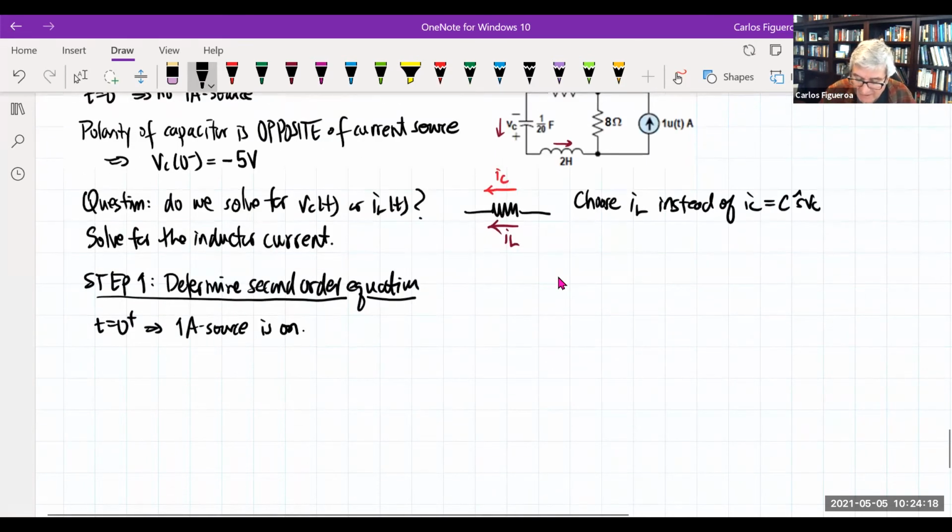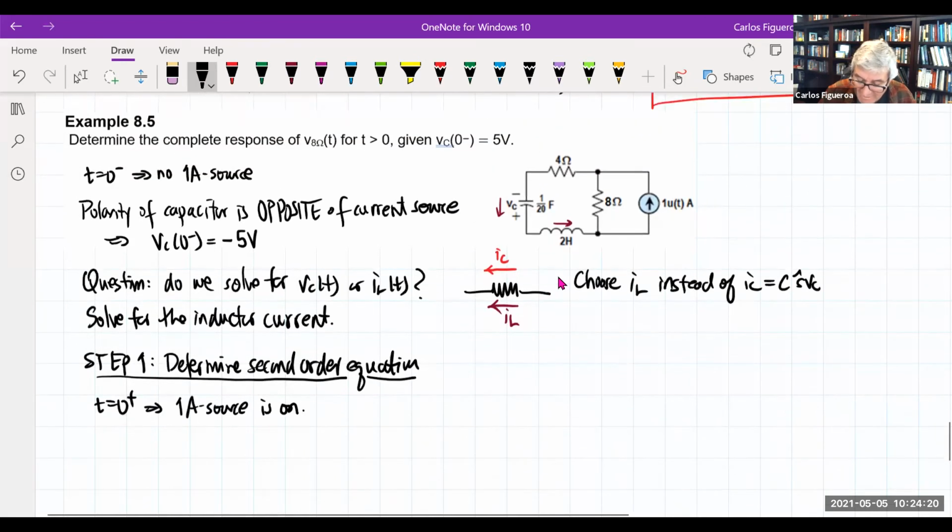If I look at KCL at this node right here, you could see that KCL tells me I'm going to have those currents here. Oh, I'm already solving the problem. I got to stop solving the problem. So if I look at KCL, I got to relate IL and IC.